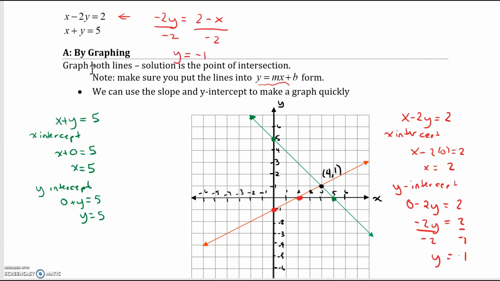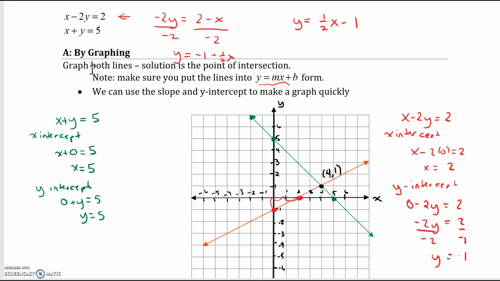We get negative 1 plus 1/2 x, or y is equal to 1/2 x minus 1. This line has a y-intercept at negative 1 and a slope of 1 over 2. That means a rise of 1 for a run of 2. And again, we could make several points and then connect them in a straight line.